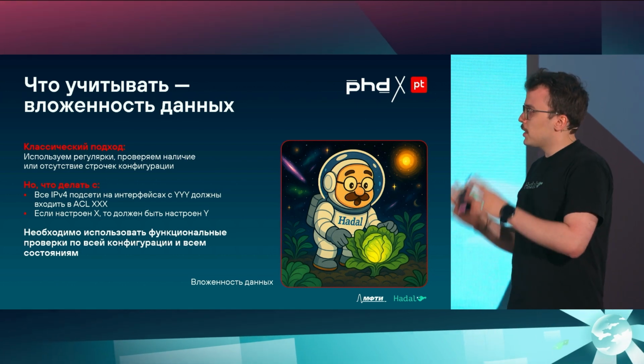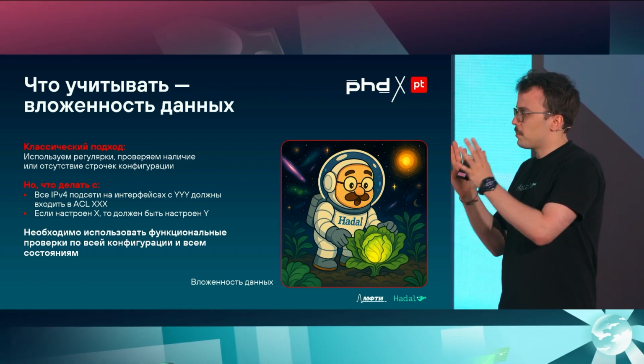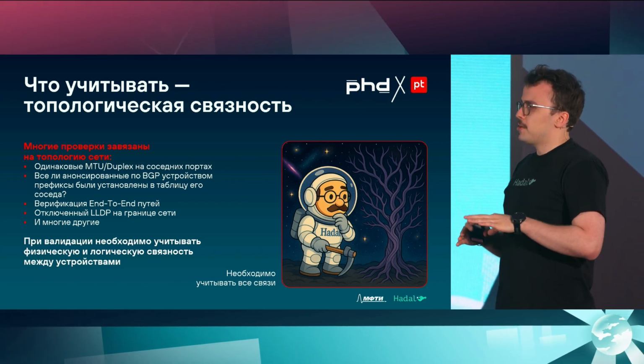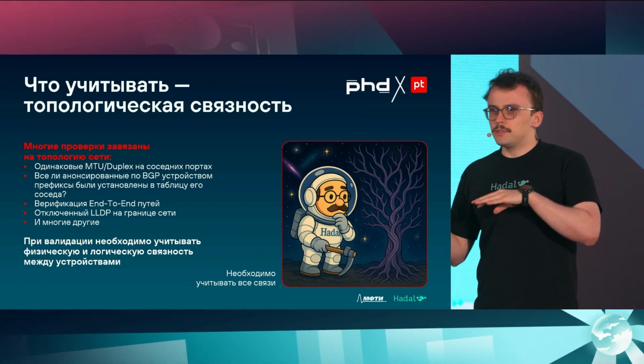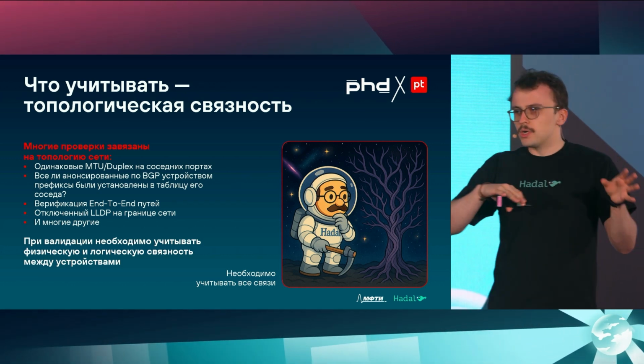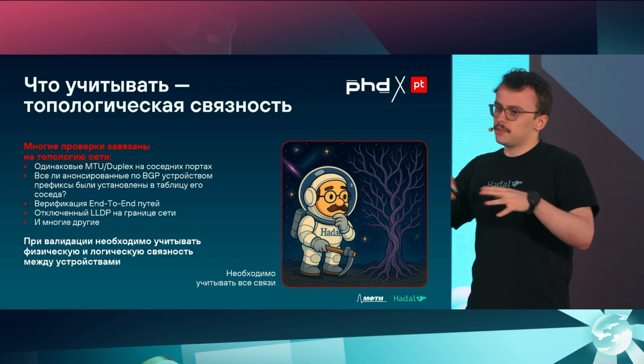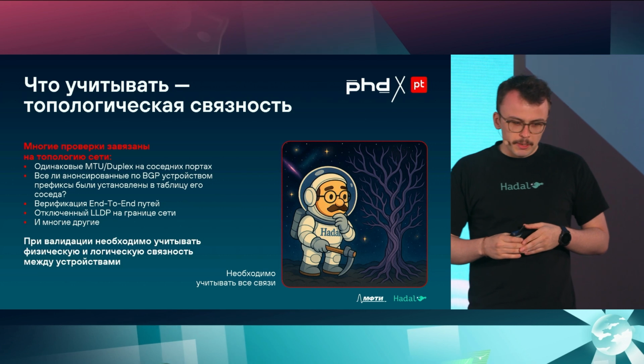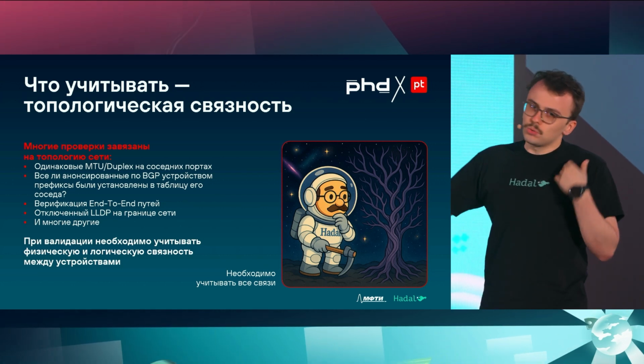So, as we implement the validation methods, we need to take into account the functional checks. Moving on. We need to take into account the so-called topological connectivity, because most of the checkups are about network topology, MTU and duplex on adjacent ports.